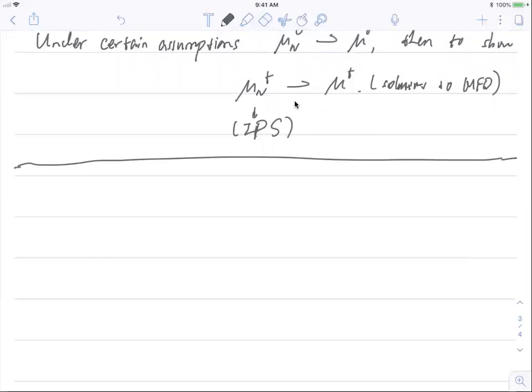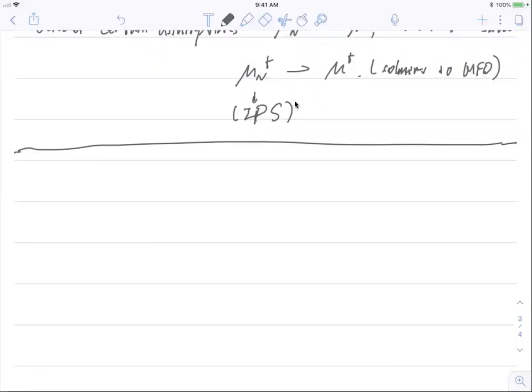There are many results, so you can see the slides in lecture 3 for details. But there are many people studying both the gradient flow type mean field limit and the conservative flow type mean field limit.